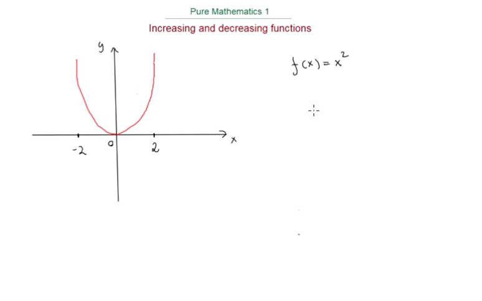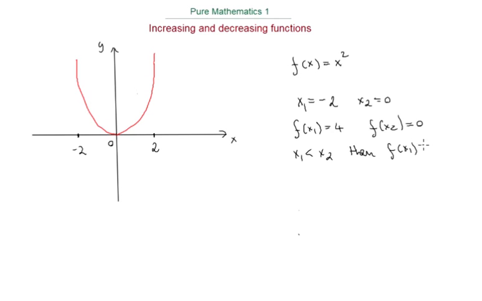If we take, for instance, x1 to be -2 and x2 to be 0, then f of x1 will be f of -2, which is 4, and f of x2 will be f of 0, which is 0. So what we have is for x1 less than x2, this implies that f of x1 is greater than f of x2.